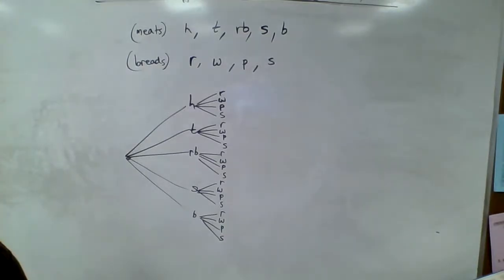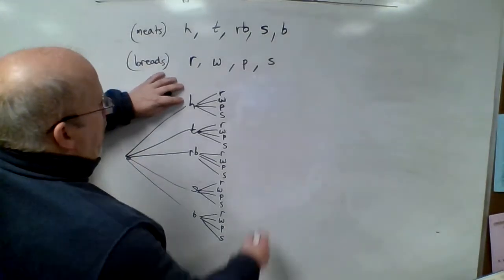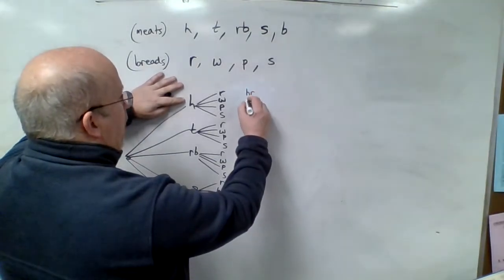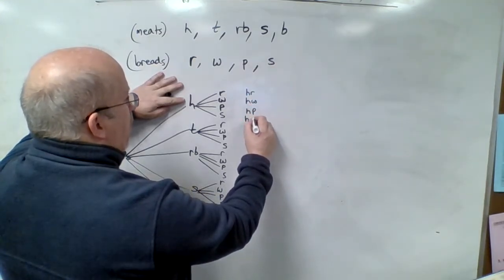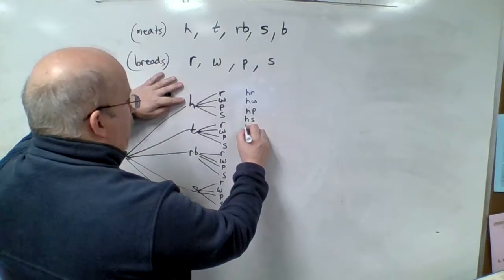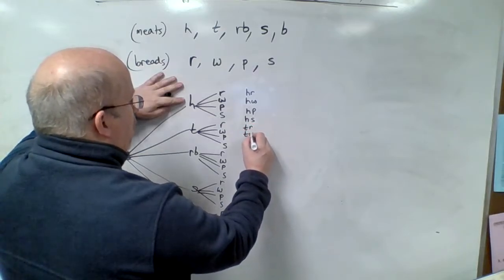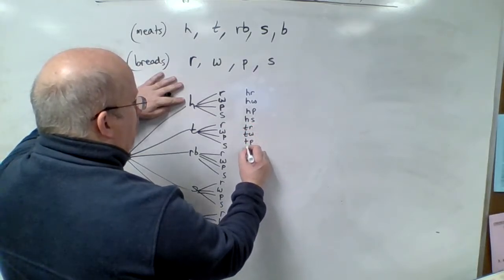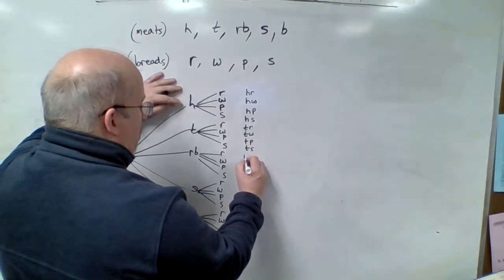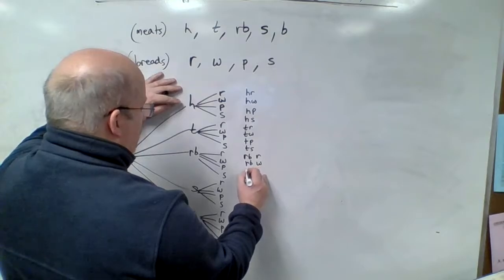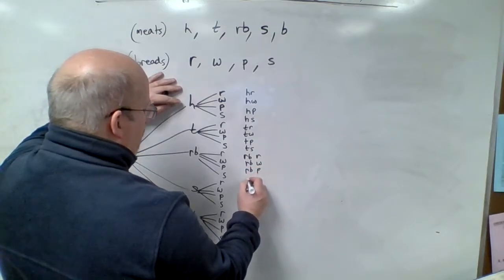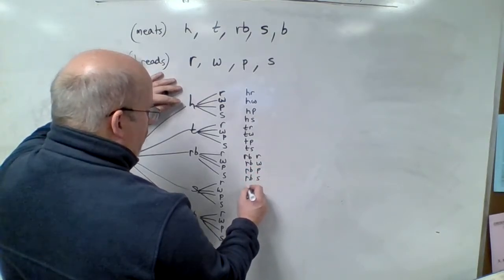So, okay, what are the different kinds of sandwiches? We could have ham and rye, ham and white, ham and pumpernickel, ham and sourdough. We could have turkey rye, turkey white, turkey pumpernickel, turkey sourdough, roast beef and rye, roast beef and white, roast beef and pumpernickel, roast beef and sourdough.